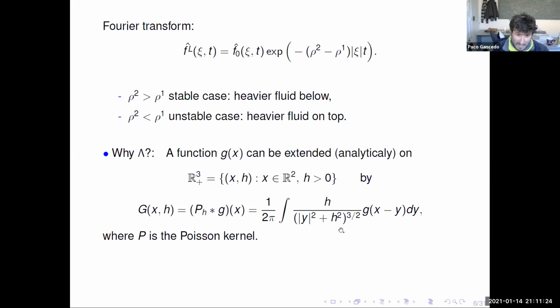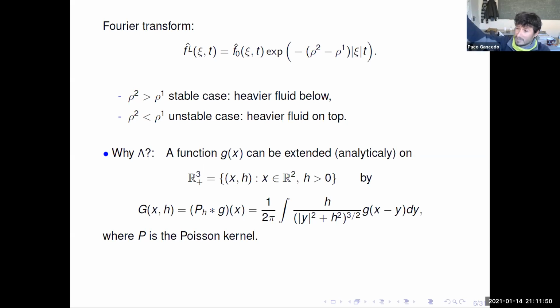Okay, but what we are doing is somehow the fact that the density is constant gives us that the velocity is analytic, harmonic on each side, in each domain. Okay, so somehow it's like extending.